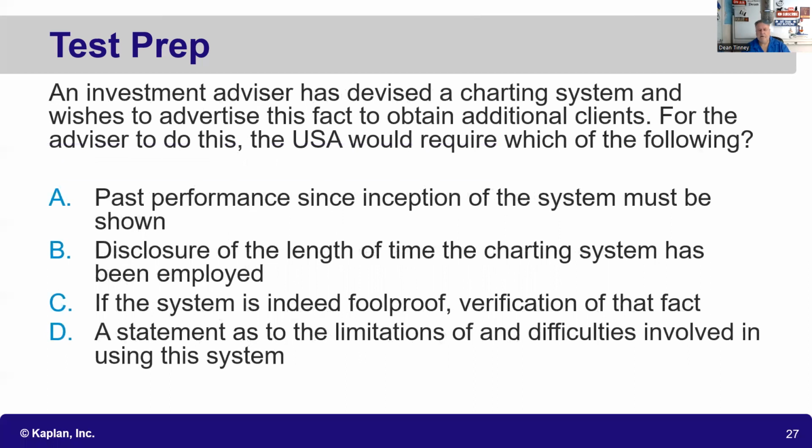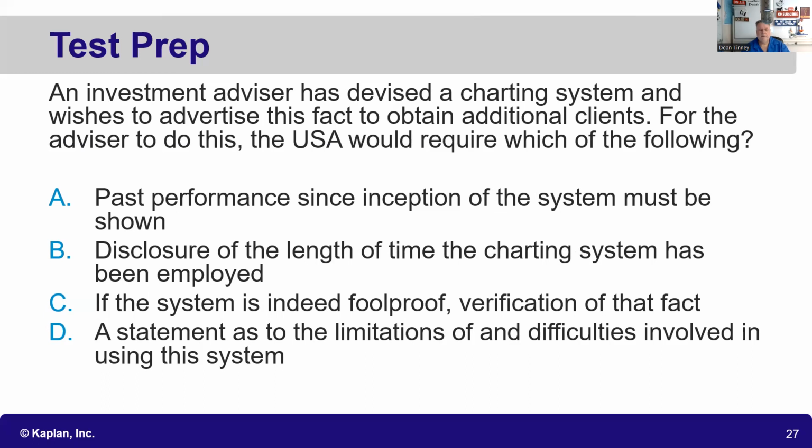An investment advisor has devised a charting system and wishes to advertise this fact to obtain additional clients. For the advisor to do this, the Uniform Securities Act would require which of the following? A, past performance since the inception of the system must be shown.